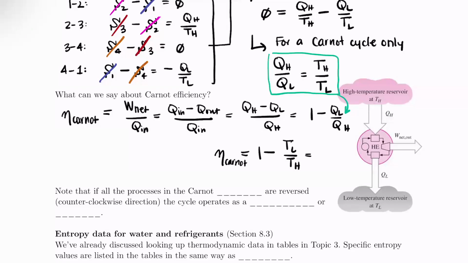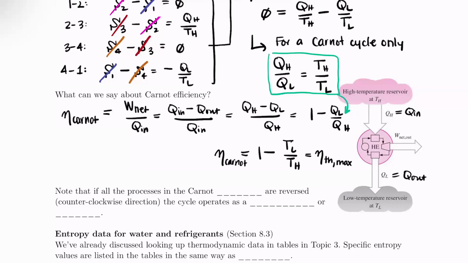And this is our thermodynamic maximum efficiency that we got before. All right, so that's how this all came to pass. Okay. So QH is our Q in and QL is our Q out.